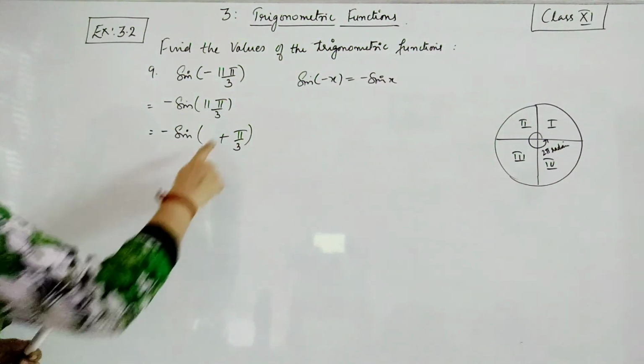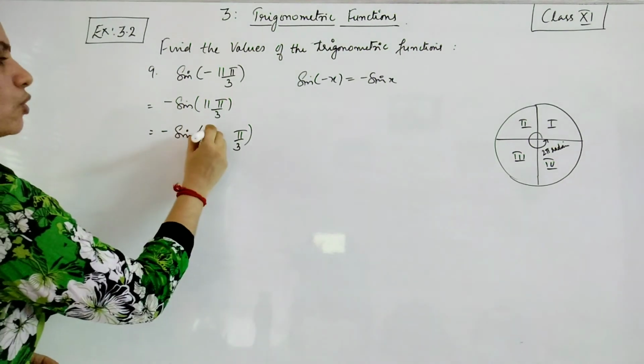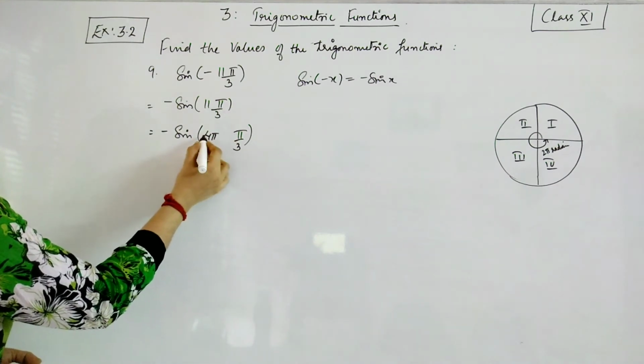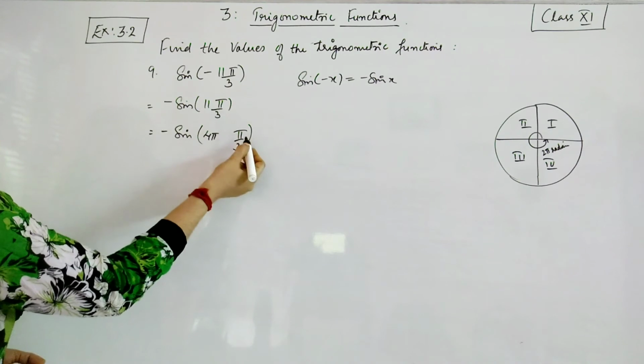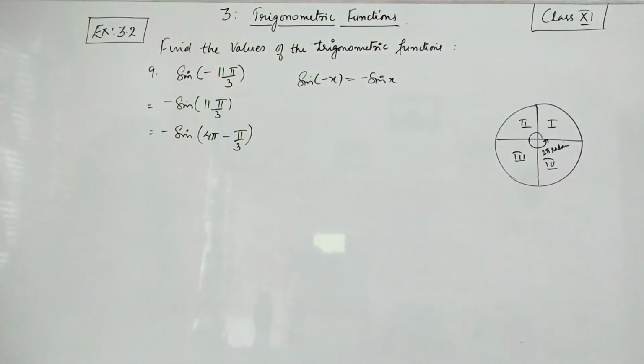If it is plus, I won't get it, because 3 into something plus pi by 3 will not give 11. So if it is 4, that means 12, for 3 it will come as 12 pi. So 4 pi, after taking the LCM, gives you 12 pi, and 12 pi minus pi will give you 11 pi. So here you should have a negative sign. So 4 pi minus pi by 3 is 11 pi by 3.